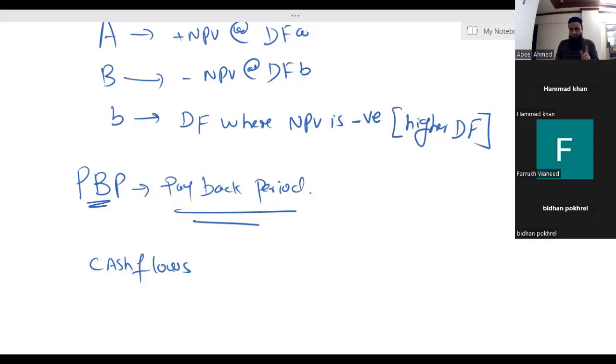But just to keep financial management simple, we consider only one difference. The name of that one difference is accounting depreciation. The objection from cash flow on accounting profit is that while calculating accounting profit, one non-cash item is deducted. The name of that non-cash item is accounting depreciation.